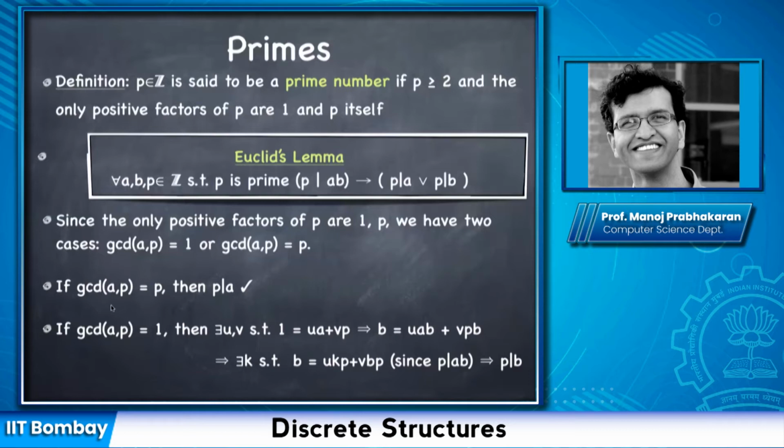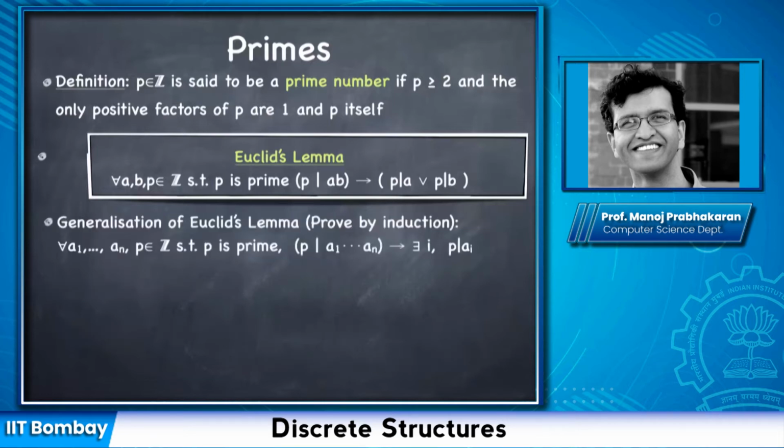So I proved that if P doesn't divide A, then P has to divide B. All right, so that's a very easy lemma. How do we use it to prove unique factorization? I'll actually use a generalization of this lemma, which can be proven using induction, with the lemma for two factors A and B as a base case.